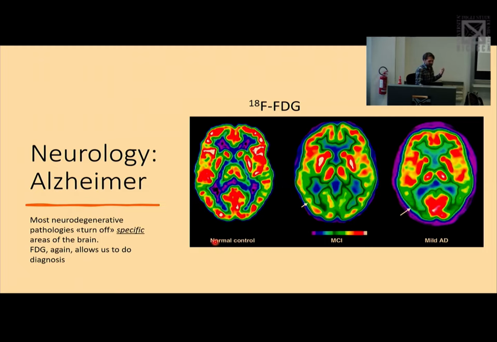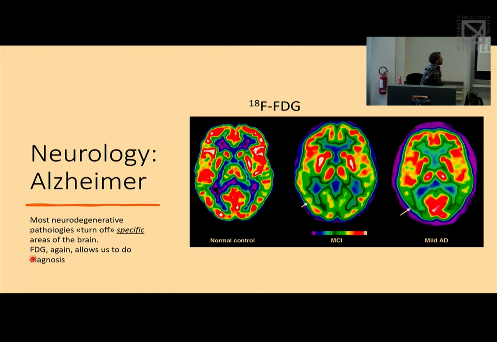So it's very, very active. So I told you that the normal body is mostly dark, so with no tracer uptake at rest. The brain instead is super bright because it's very active.